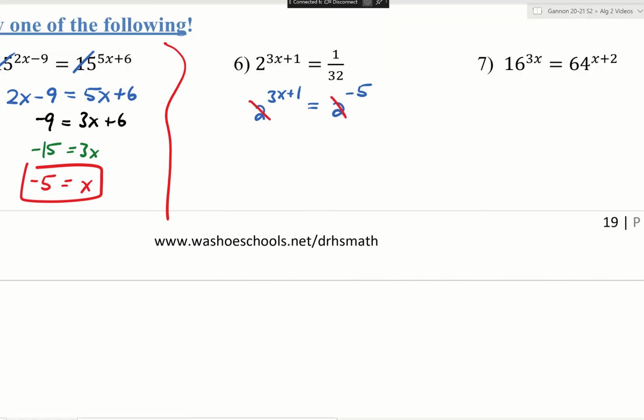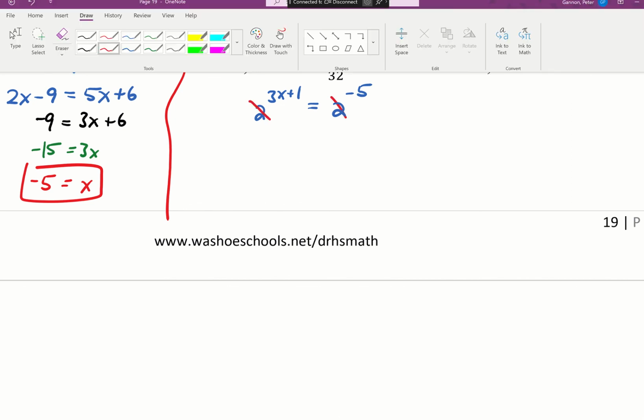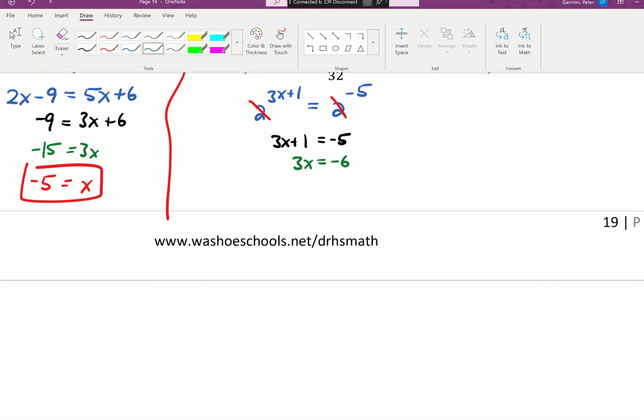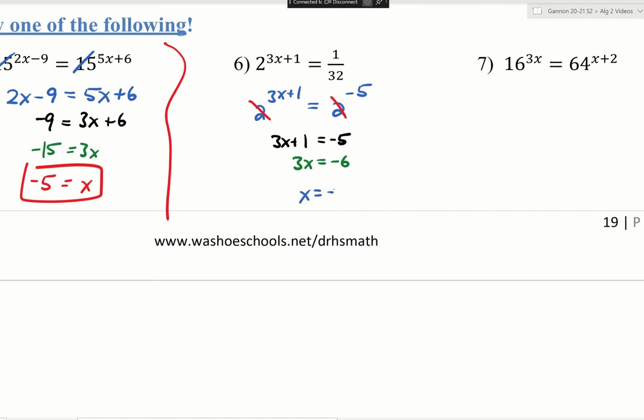Same base, we're going to drop the base, set the exponents equal. 3x plus 1 equals negative 5. If we solve that, we're going to subtract 1. So 3x equals negative 6. Divide by 3. X equals negative 2. And we're done.